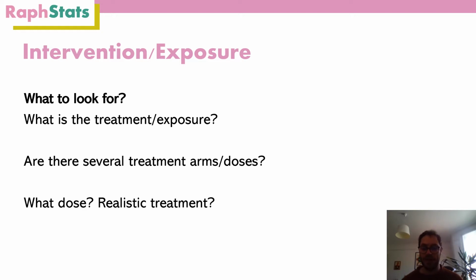And we just want to have a think about what doses are we using, and are these realistic treatments? And are they comparable? So like I said, are they at the same amount of the dose regimen? And how do they monitor this? So, often in clinical trials, they'll do blood levels or something to monitor that they actually are giving an effective dose. And this can be a rigorous way to ensure that you have valid results.